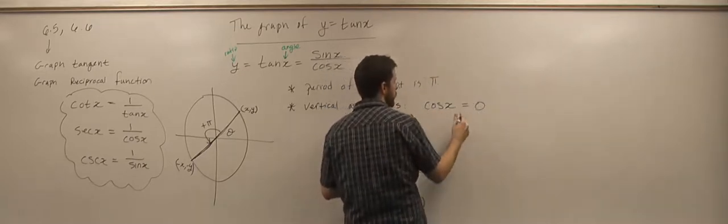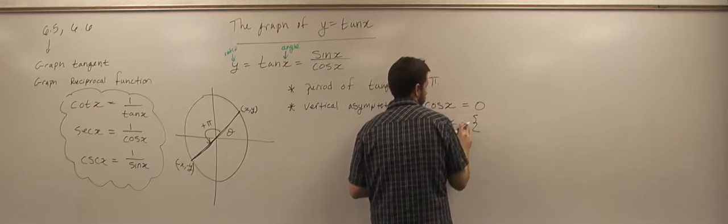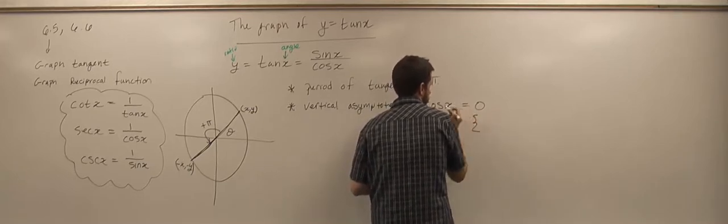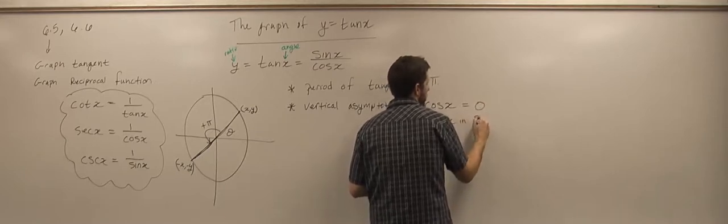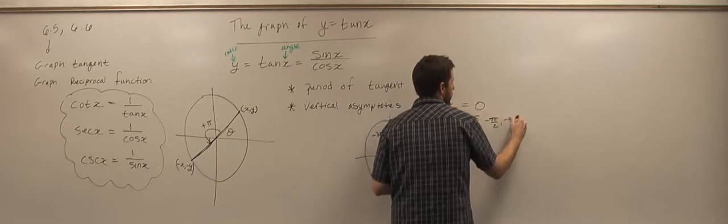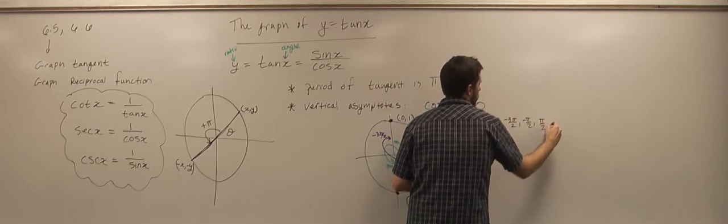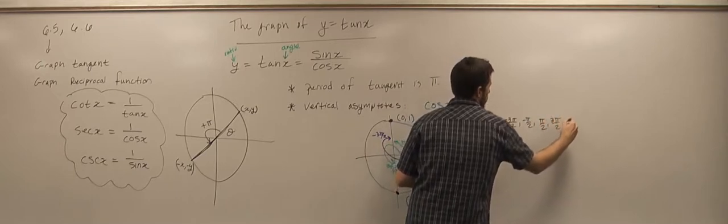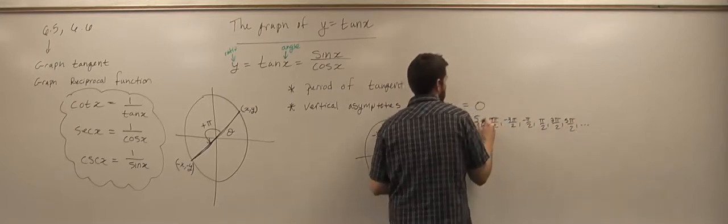So the solution to this is x is in the set: negative 5 pi over 2, negative 3 pi over 2, negative pi over 2, pi over 2, 3 pi over 2, 5 pi over 2. You just keep going, the same pattern.